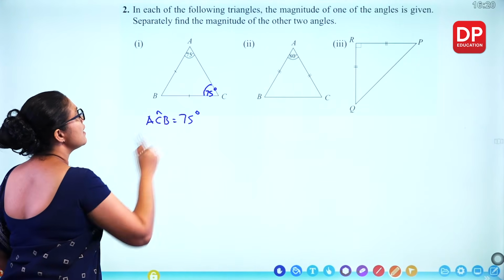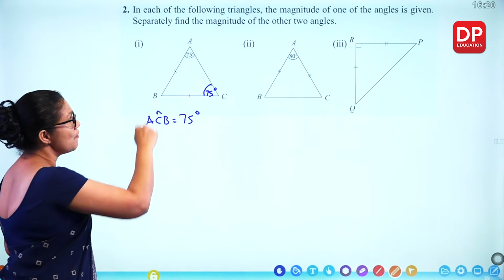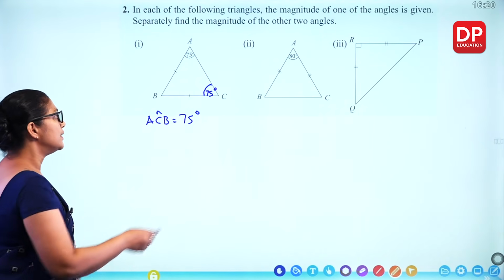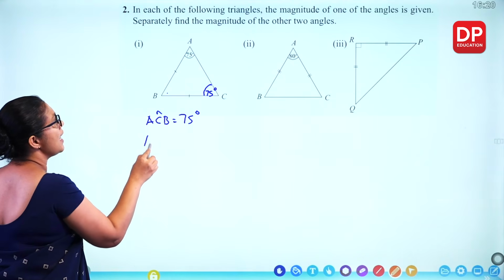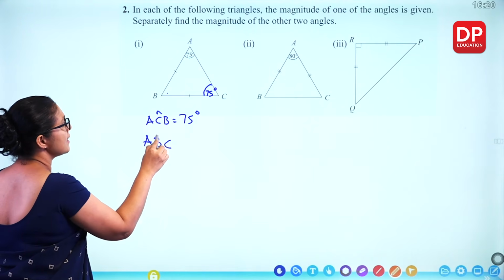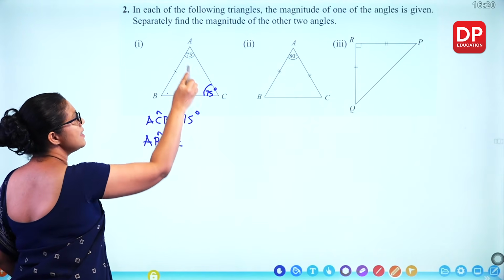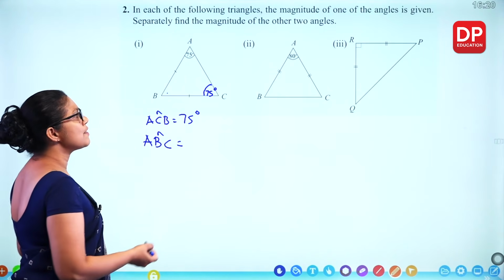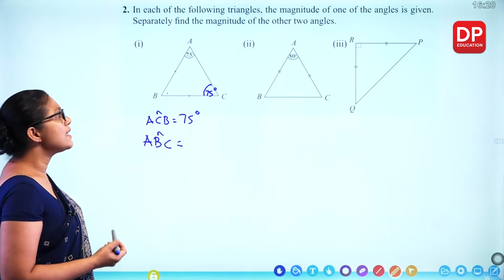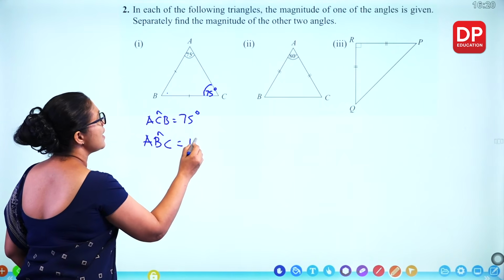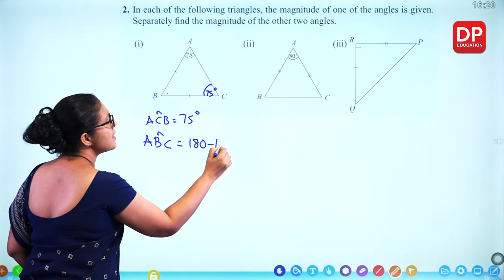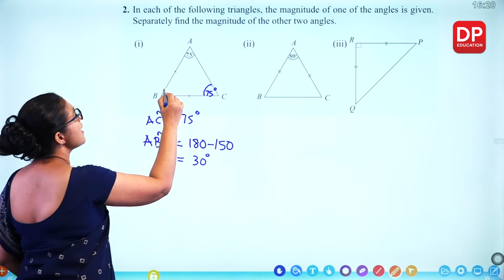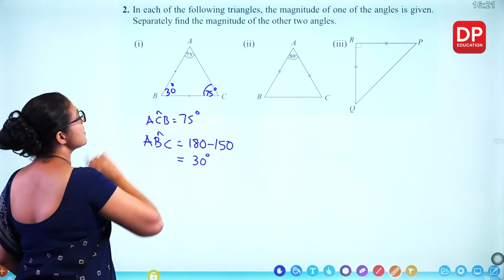So what about the other angle? We know the sum of interior angles in a triangle is 180. So how can you find ABC angle? We add these two and subtract from 180. So what is 75 plus 75? We get 150. So we can straight away write 180 minus 150. You get 30 degrees. So this angle is 30 degrees.